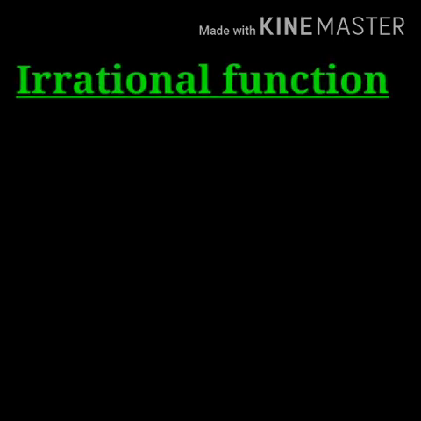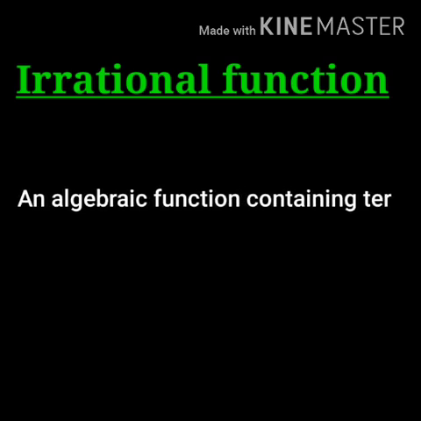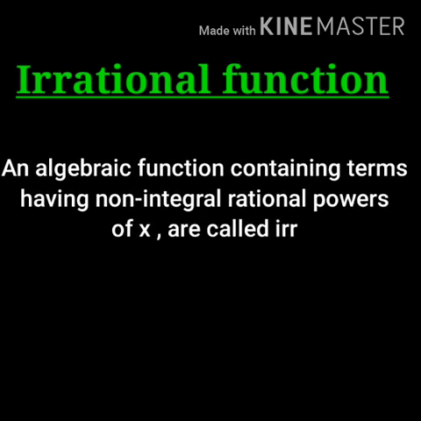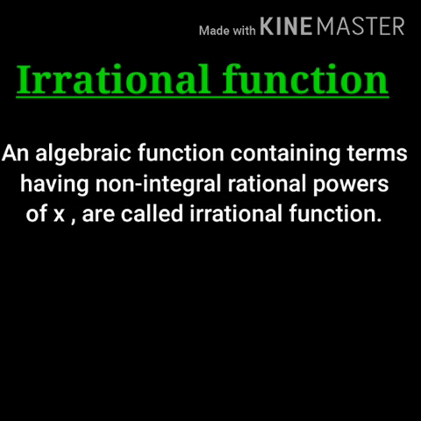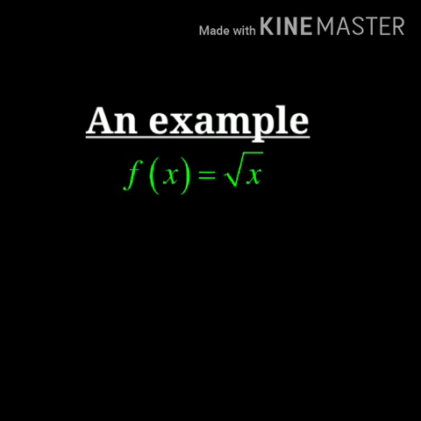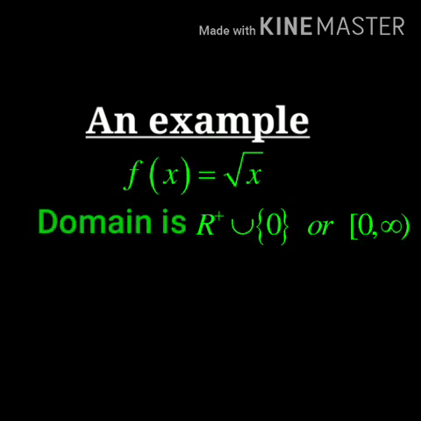Next, we discuss irrational function. The definition: an algebraic function containing terms having non-integral rational powers of x is called an irrational function. Taking an example, f(x) equal to root over x. The domain of this function is positive real numbers including 0, or closed 0 to infinity.